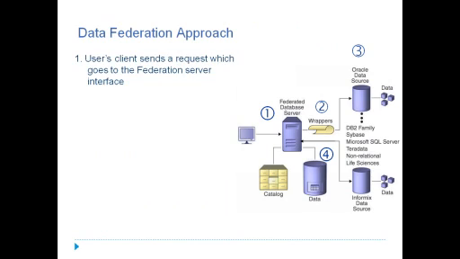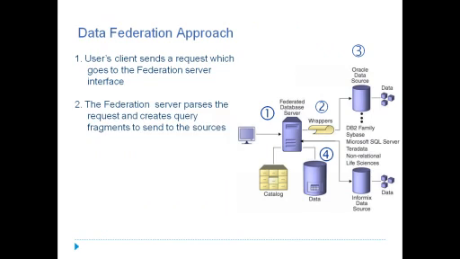So in the Federation server approach, the user's client sends a request. This could be a simple query, or it could be an application that is encoded using a DB2 API. It goes from the little monitor there to, number one, the federated database server. All you need to know about from your application is the federated database server. Federation server parses the request, and then it says, I know where this data is, and this data is, and this data is.